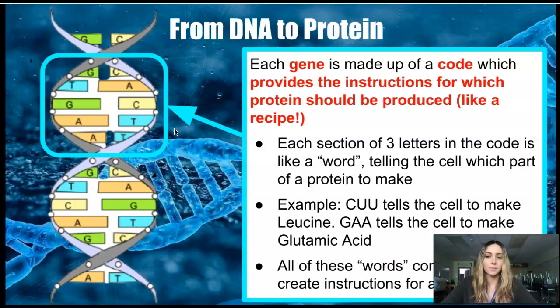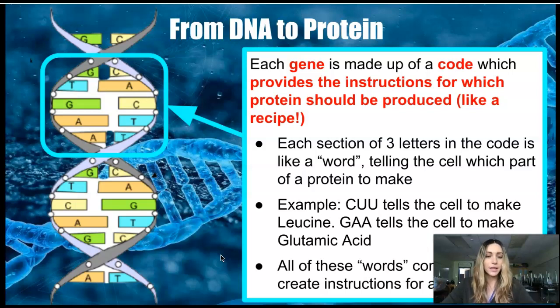Let's look at an example. For instance, if along the length of a gene, we have the letters CUU, this code tells the cell to make a protein called leucine. If it had the code GAA, this would tell the cell to make glutamic acid.